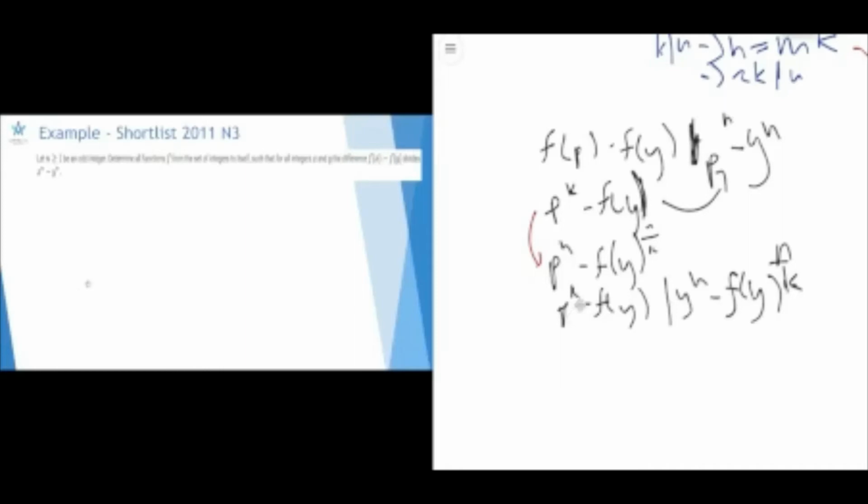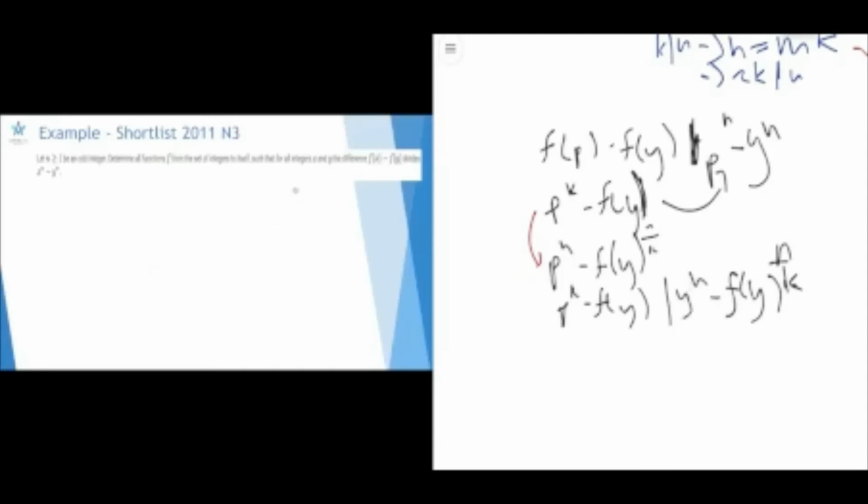We can choose this p so that the left-hand side is bigger than the right-hand side, because we can definitely choose a value of p so that p to the k minus f of y is greater than y to the power of n. Even if we don't know f of y, we can still choose a super large p. So this would mean that this is forced to be 0.